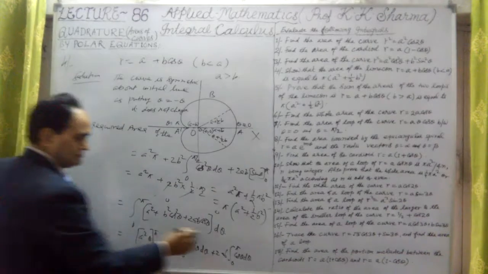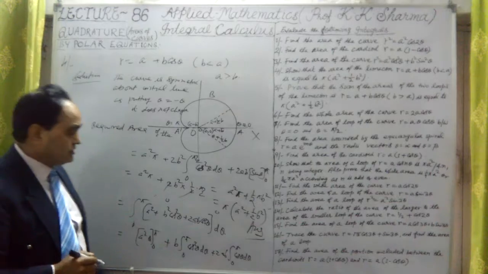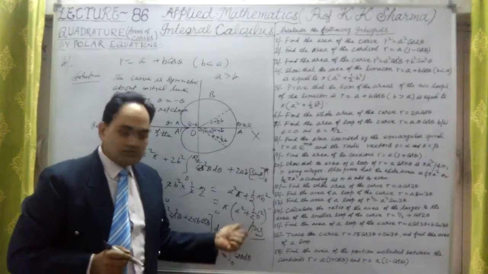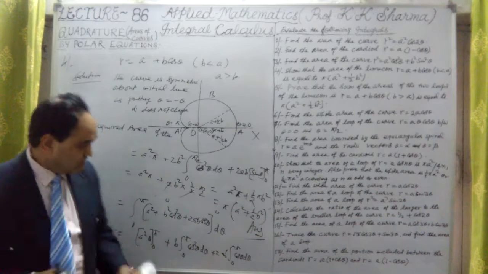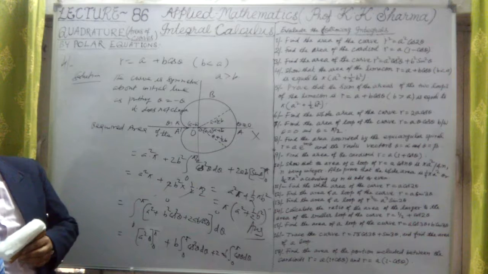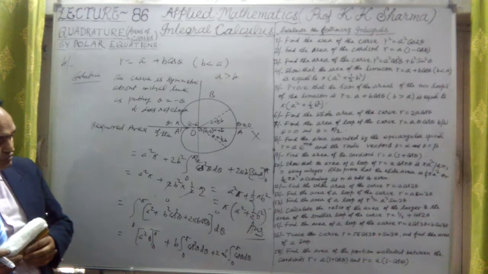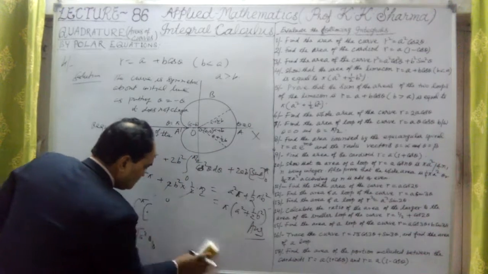This is the final answer. The answer of this question is pi into a square plus half b square, the answer of question number 4. Okay, question number 4 we have done here. So that is question number 4.